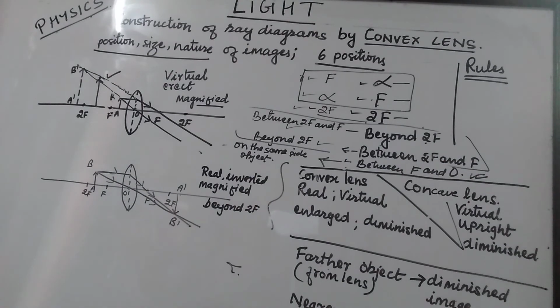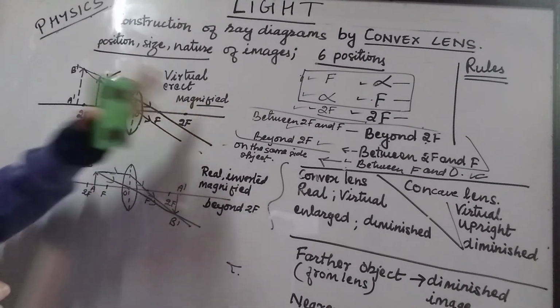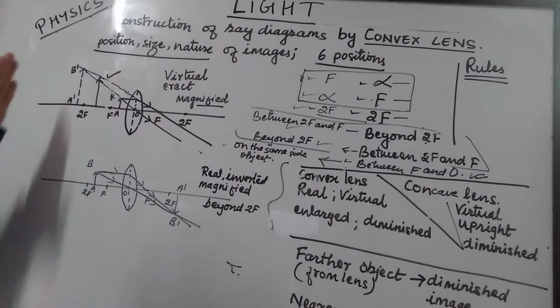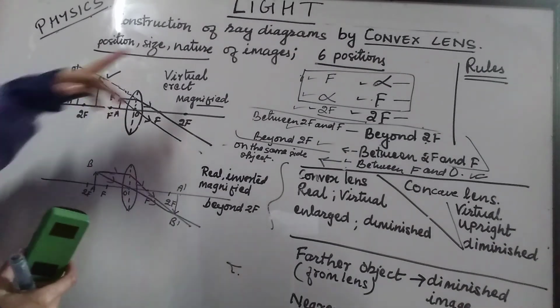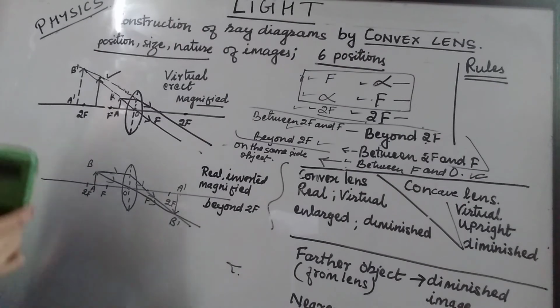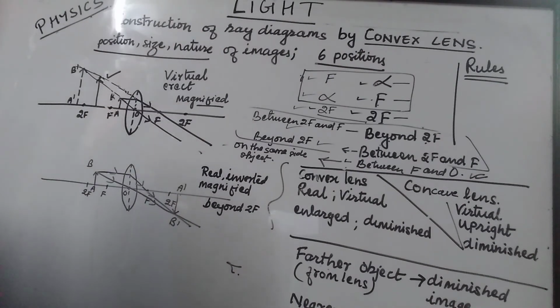You need not write about the position over here. It can be anywhere behind the object. So virtual, erect, magnified, this is the nature of the image. So this way we can draw the ray diagram for a convex lens, construction of ray diagram. Now we'll see the concave lens in the next part.